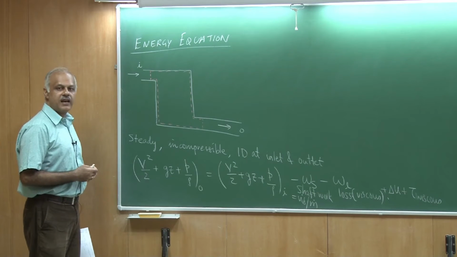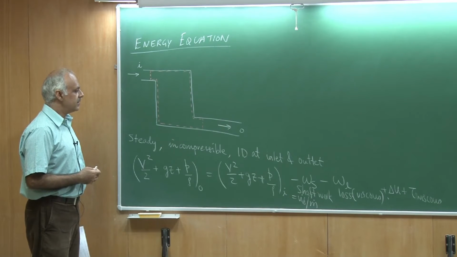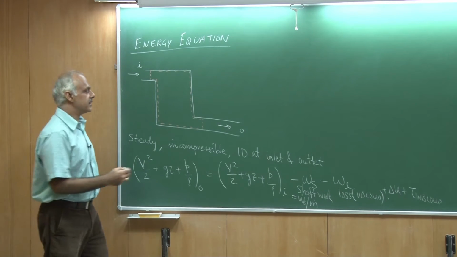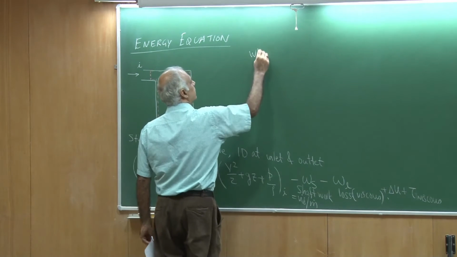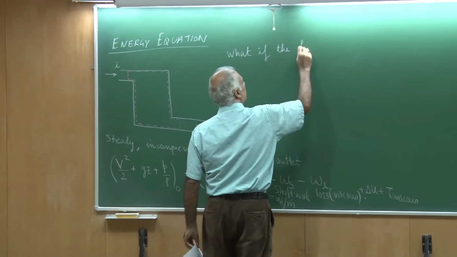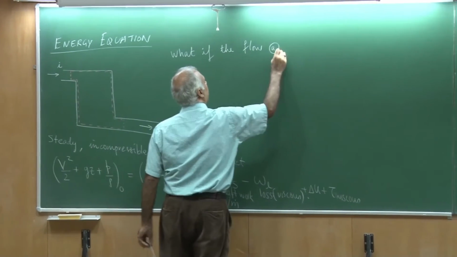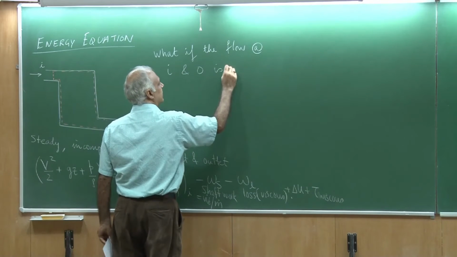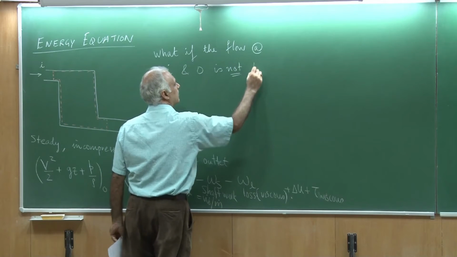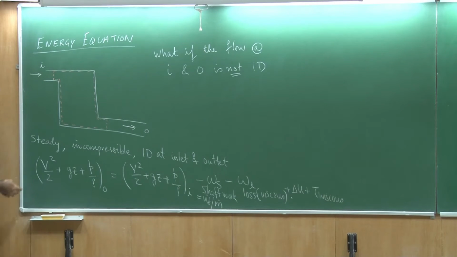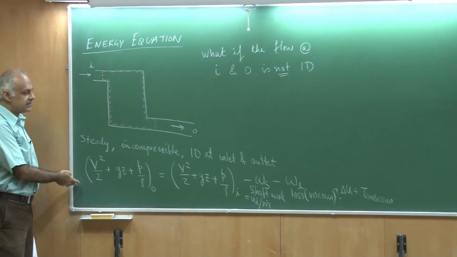Now, suppose we have a situation where at the inlet and the outlet the flow is not one dimensional. What if the flow at the inlet and outlet is not 1D? Then it will be difficult to apply this equation.